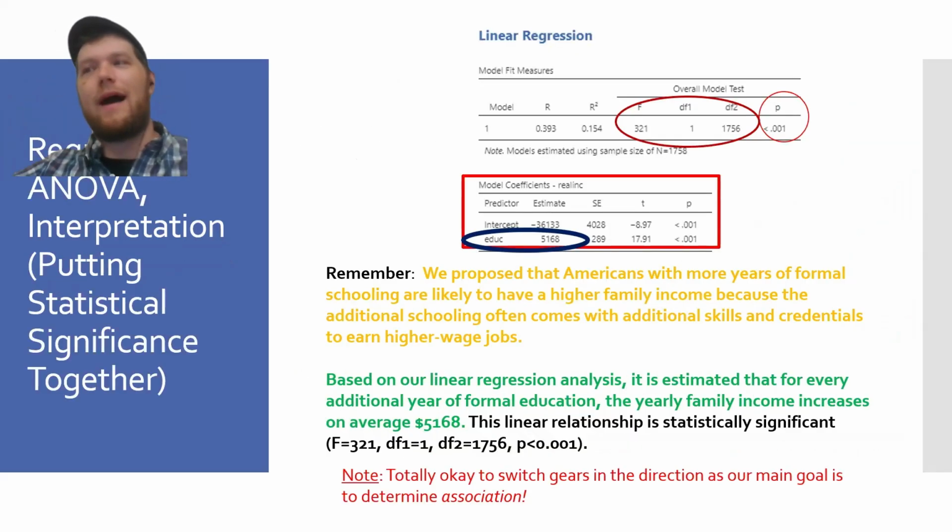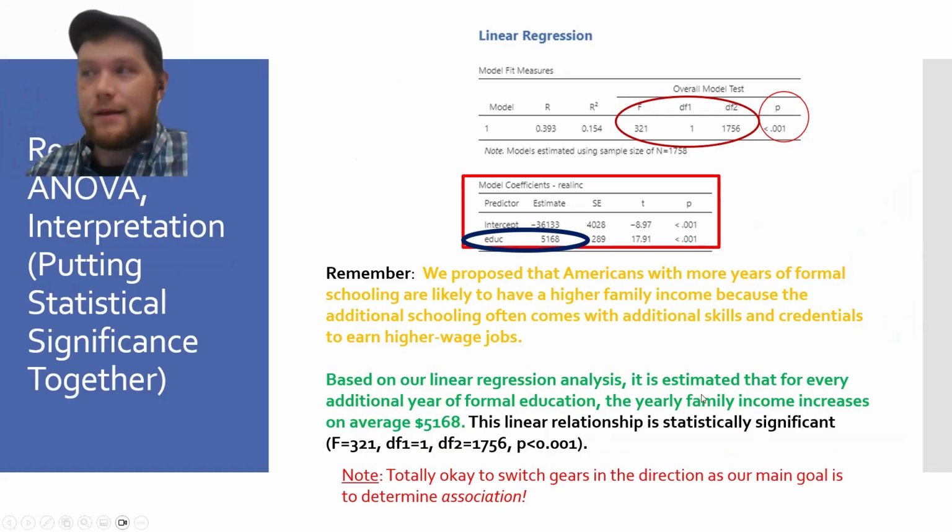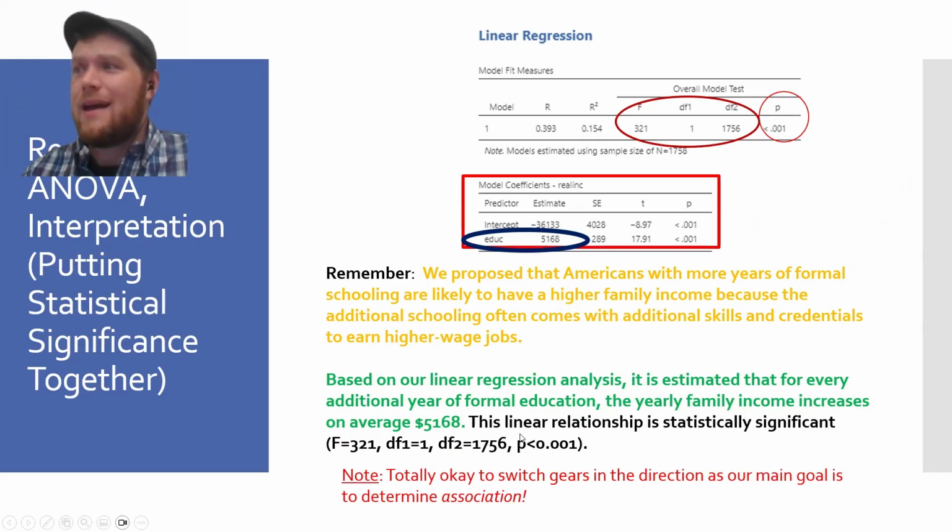So let's go ahead and add those lines in there. Based on our linear regression analysis, estimated for every additional year of formal education, yearly family income increases on average by $5,168. We talked about that before. Now we can say this linear relationship is statistically significant, and give your F-stat, your degrees of freedom, and your p-value.